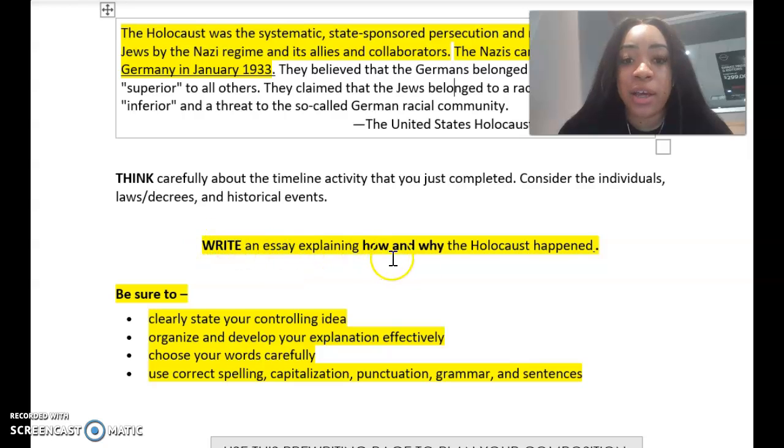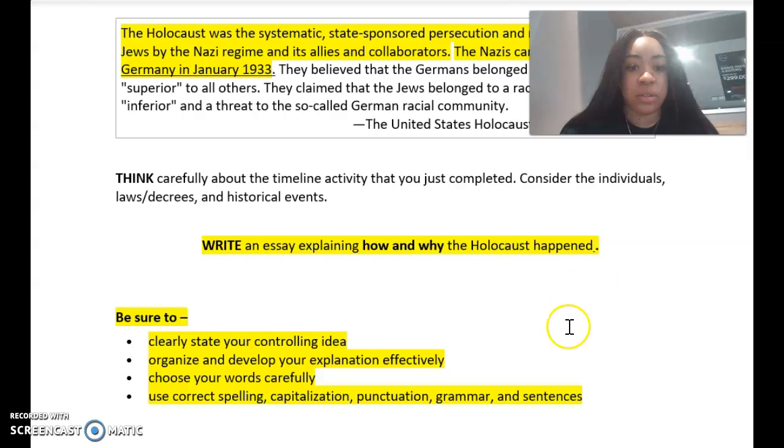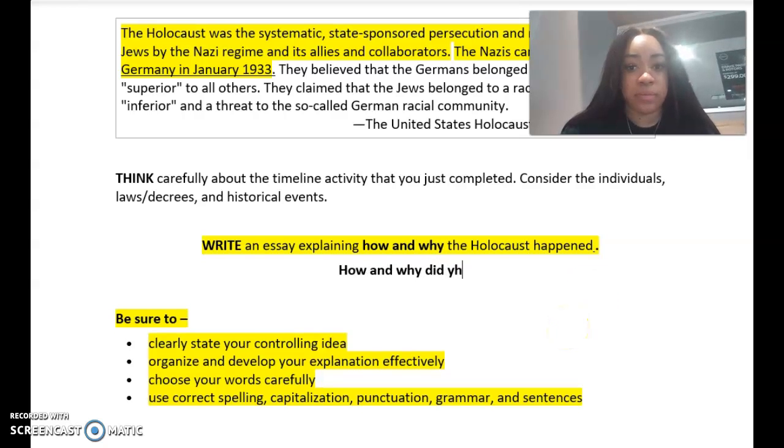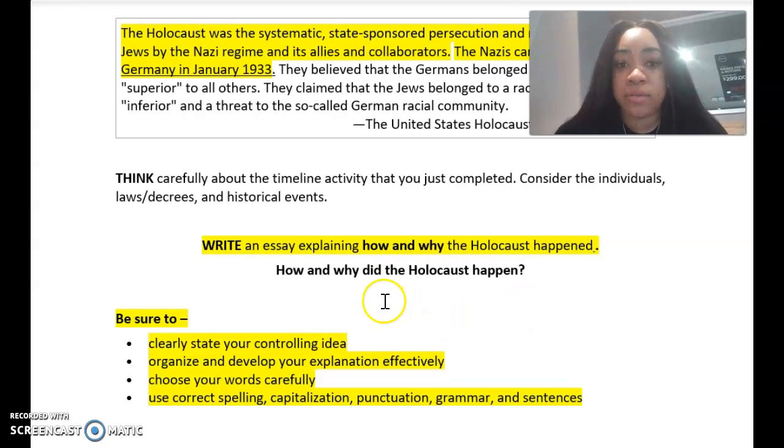So if I was turning this prompt into a question, it would look like this. I know that my entire essay needs to be able to answer this question: How and why did the Holocaust happen?